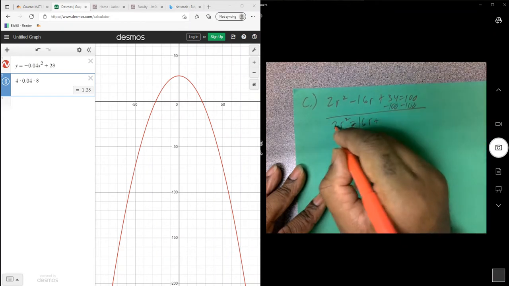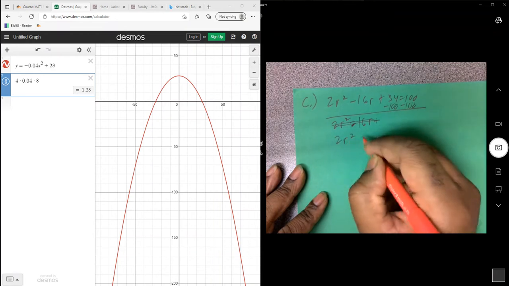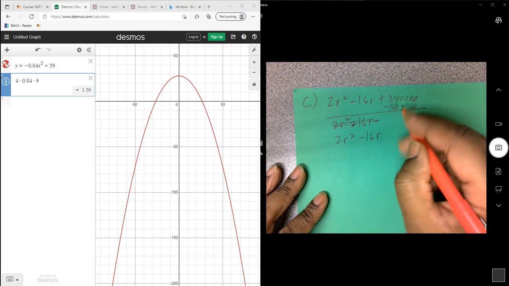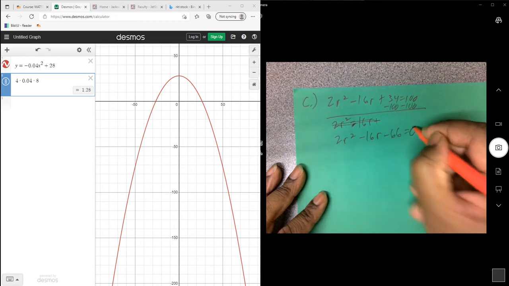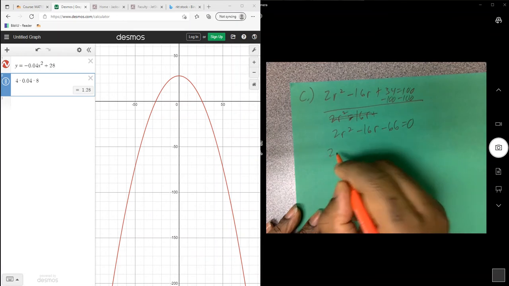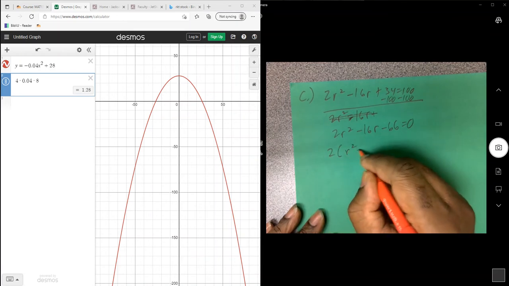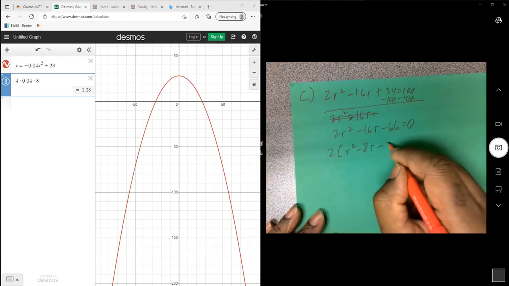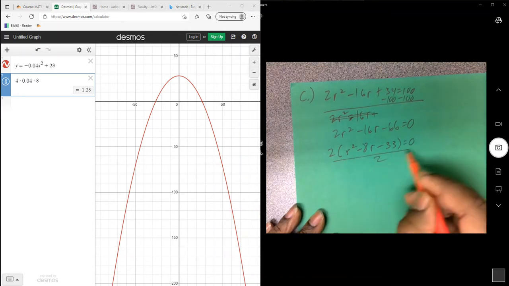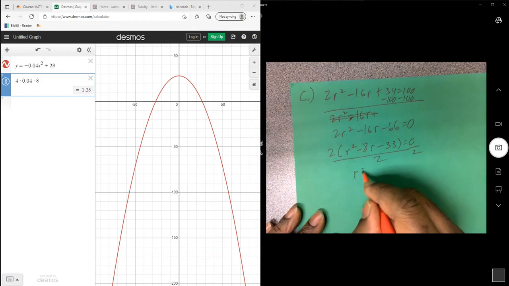All right, wait a minute, let me rewrite that. It'll be 2r squared minus 16r plus 34 minus 100, which is negative 66, and that equals 0. Now we can factor out 2, the greatest common factor, so we have r squared minus 8r minus 33 equals 0. We can actually divide that 2 off as well.